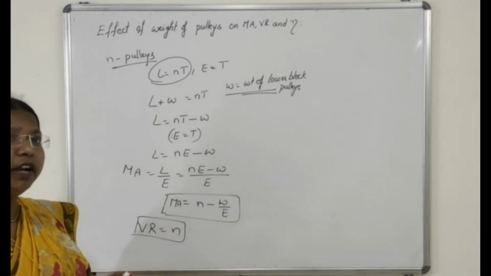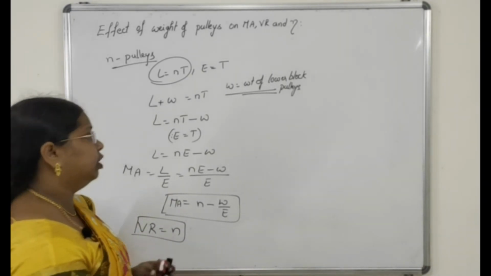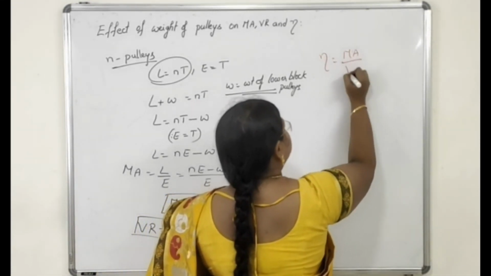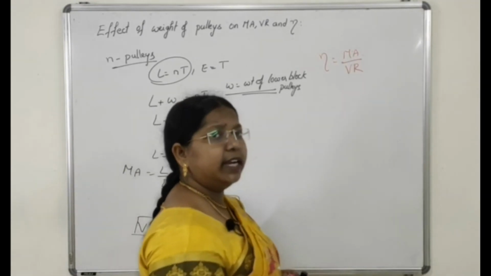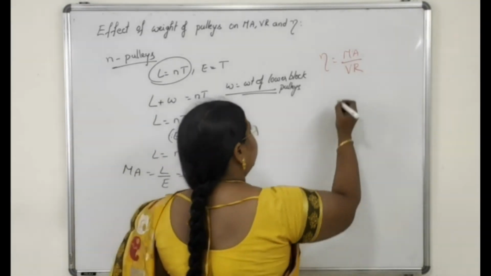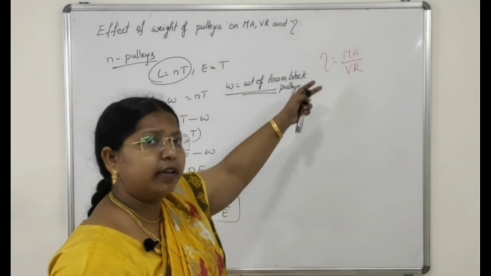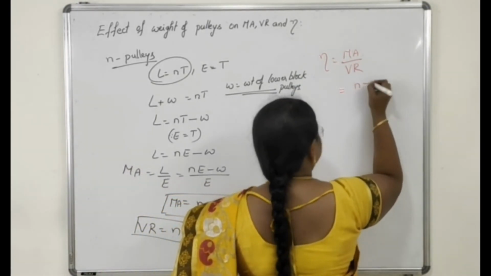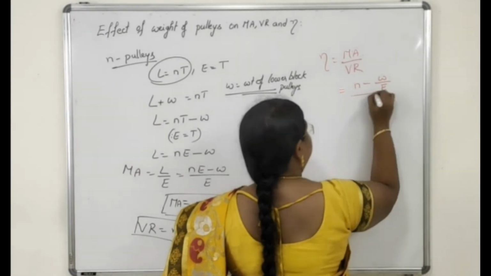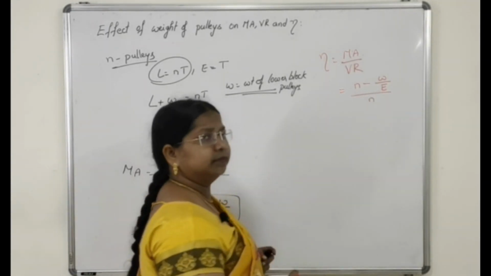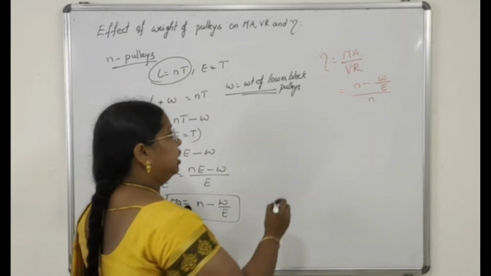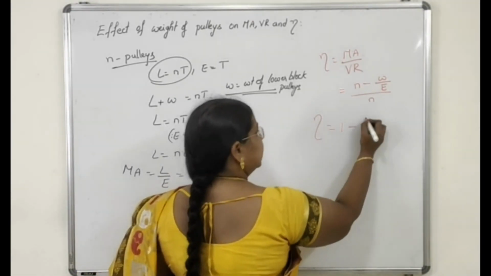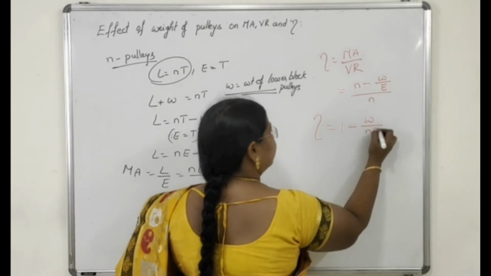Now let us see how your efficiency is also affected because of this weight. Efficiency is equal to MA by VR, mechanical advantage by velocity ratio. Let us substitute the values of MA and VR. MA is equal to n minus W by E, and your velocity ratio is n. If we simplify this, you will get efficiency is equal to n by n, (1 minus W by nE).